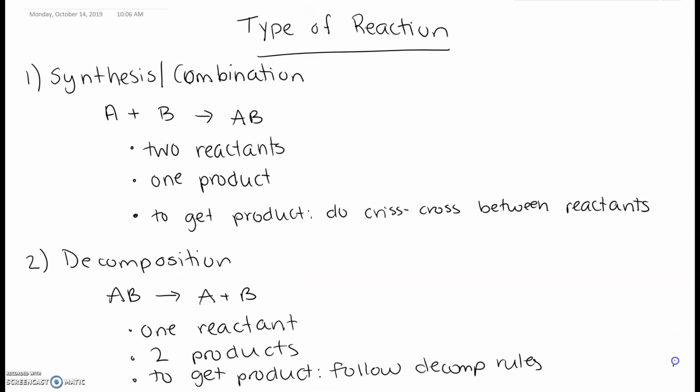Our third type of reaction, let me just see if I can, excuse me, scroll in a little bit here. Okay, so our third type is going to be synthesis, or sorry, not synthesis, it's going to be single replacement.